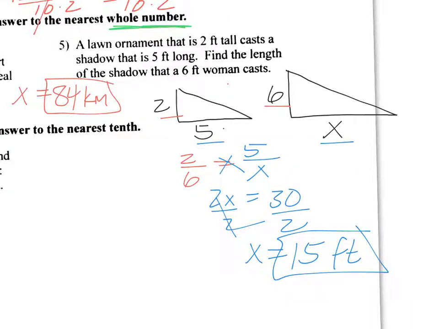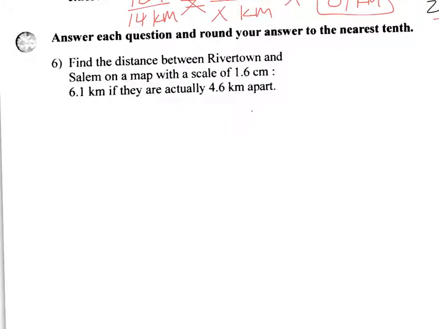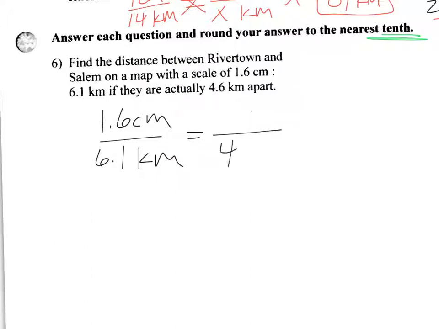Alright, almost done here. Find the distance between Rivertown and Salem. This one says to the nearest tenth. So we've got another scale again. We write our scale down. 1.6 centimeters, 6.1 kilometers. We have 4.6 kilometers, so that has to go on the bottom with the other kilometers. We're looking for how many centimeters they would be on the map.